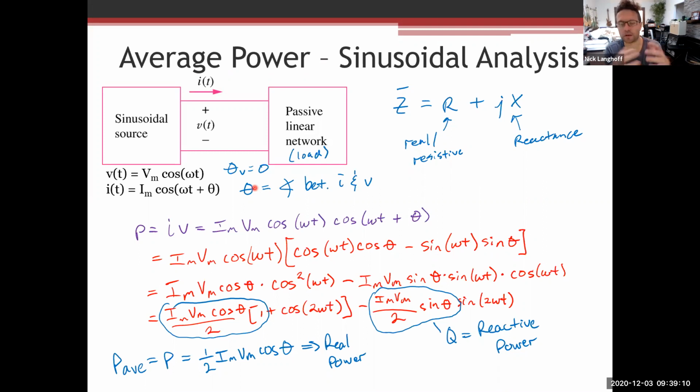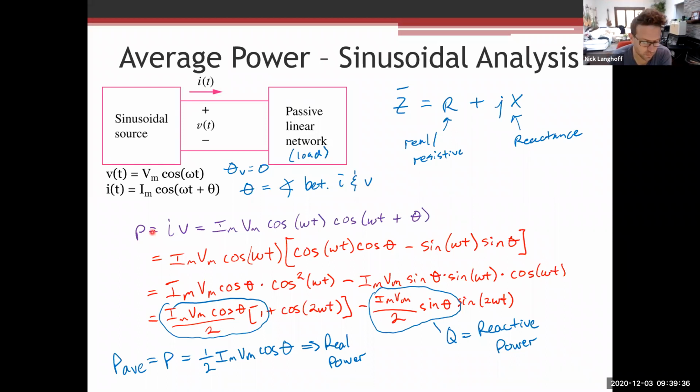That the network is purely resistive. There can't be any inductive or capacitive part in the equivalent or Thevenin impedance seen looking into that port. So at any rate, theta is the phase offset of the current, the phase difference between I and V.